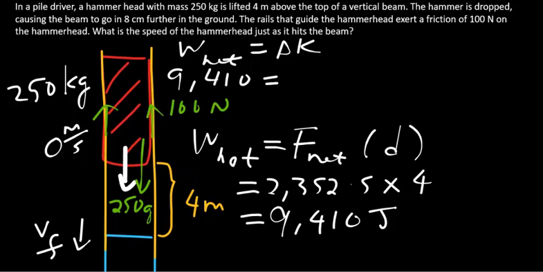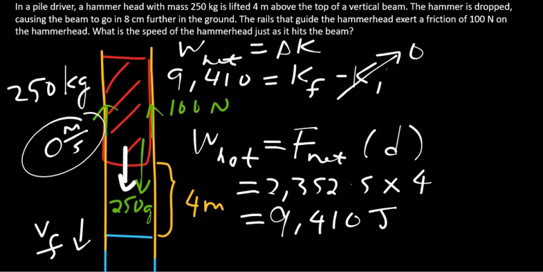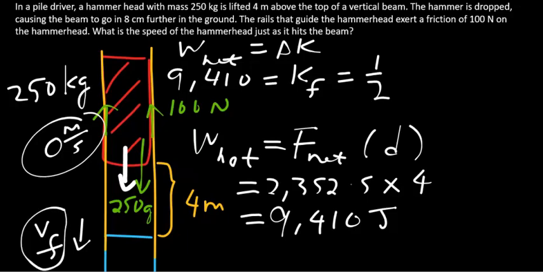Now, using the work-kinetic energy theorem, we see that the net work is 9,410 joules. The change in kinetic energy is the final kinetic energy minus the initial kinetic energy. Initially, the object, or the hammer in this case, is not moving, so the kinetic energy has got to be 0. At the final location, it has kinetic energy because it has a certain speed there, which is what we want to determine. So kinetic energy at that point is half times the mass of it, which is 250 kg, times Vf squared.